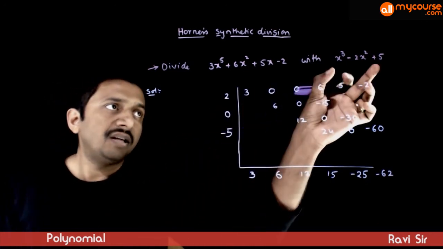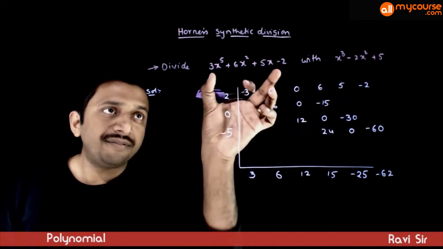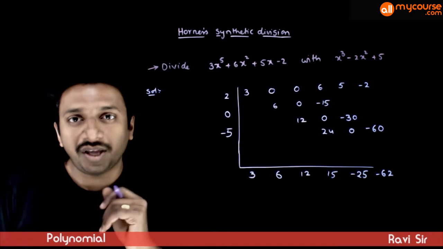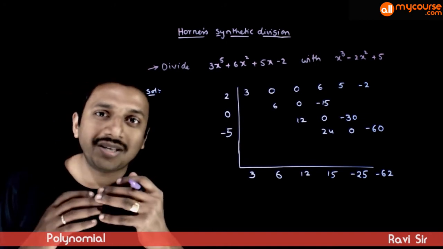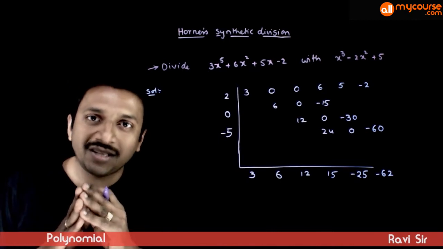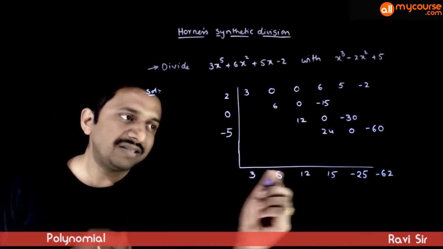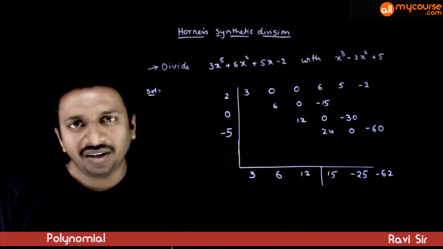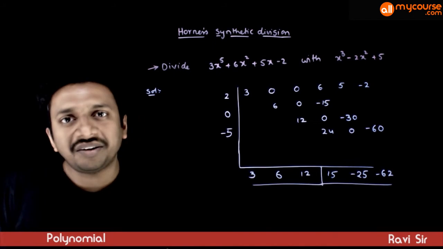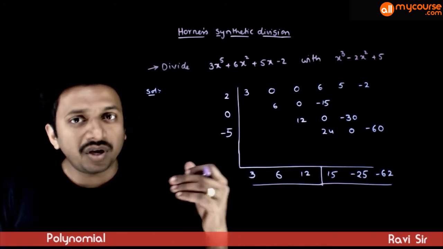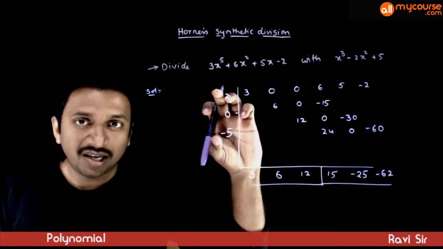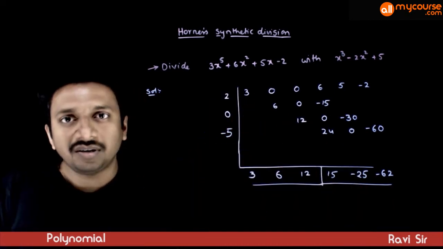Now as you can see, you are dividing a fifth degree with a cubic equation. So what is the degree of the quotient? The degree of the quotient is a quadratic, right? That means you should have three numbers. So the first three numbers correspond to the quotient and the next three numbers correspond to the remainder. The other way of understanding this is that whatever the number of numbers here, those many numbers go to the remainder.